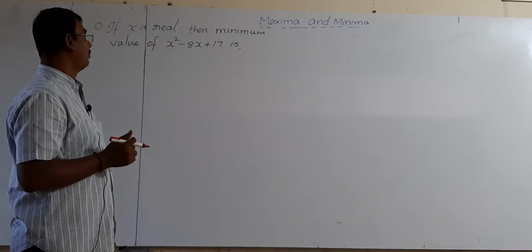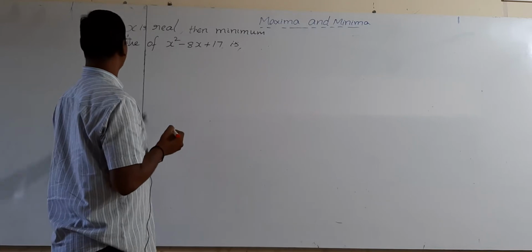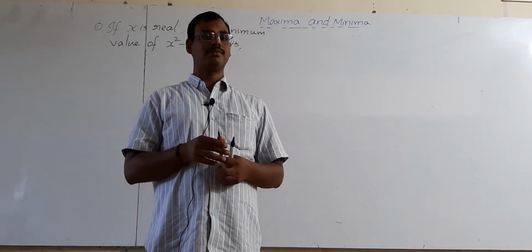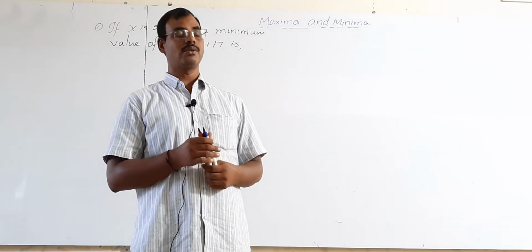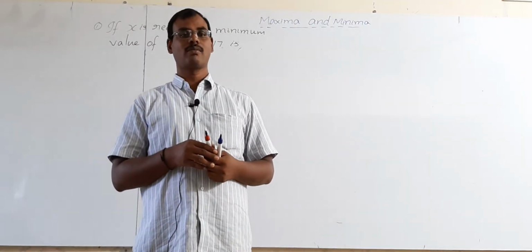To find the minimum value, we have a number of methods. We should follow the first method. Using the first derivative test, we can find the maxima and minimum value of any function.